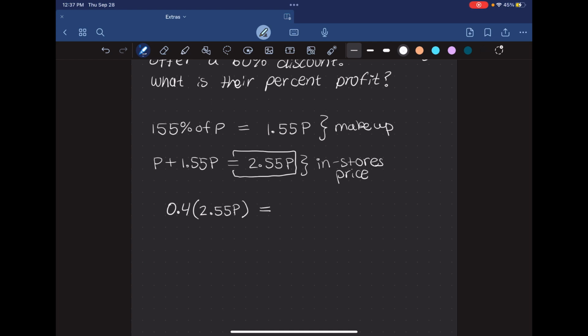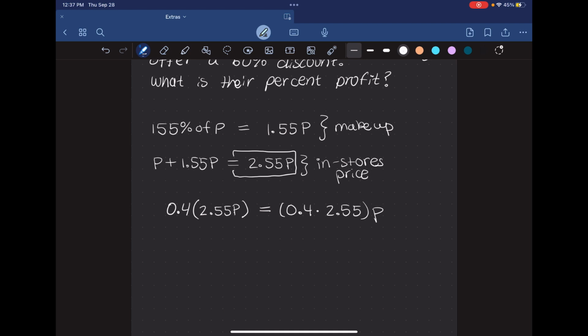And I can simplify this by multiplying my 0.4 and my 2.55. This is basically the associative property of multiplication, right? So I can just do 0.4 times 2.55 and tack on the P at the end.